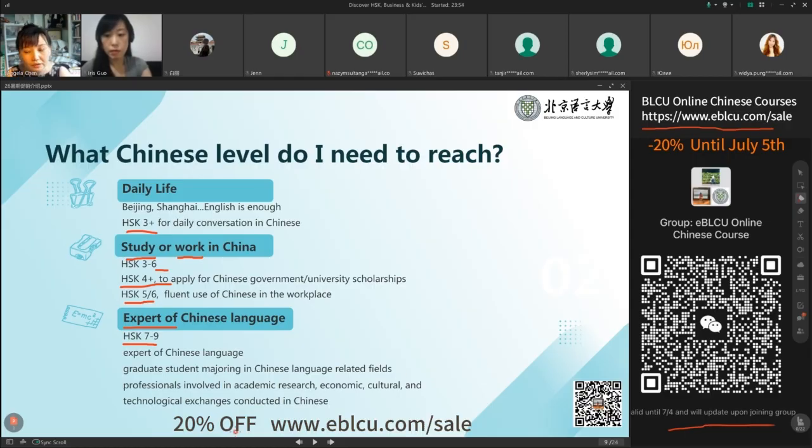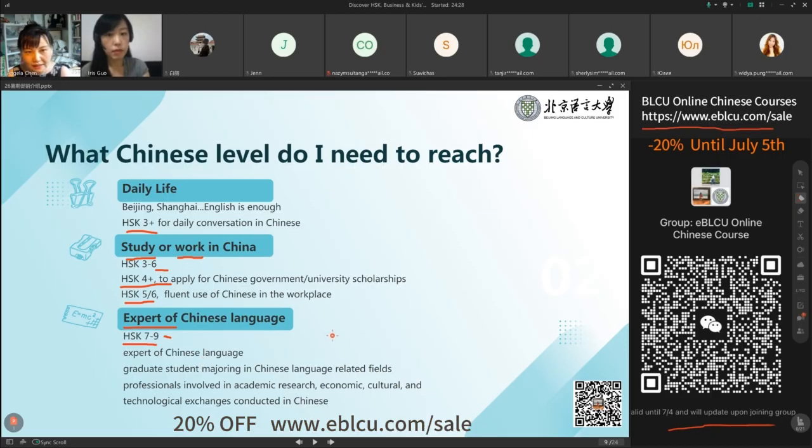So if you want to study Chinese language related fields, you are a graduate student, or a professional involved in academic research, economy, culture, technology, anything, and you want to read essays, articles, resources in Chinese language for professional usage, then you need HSK 7 to 9.